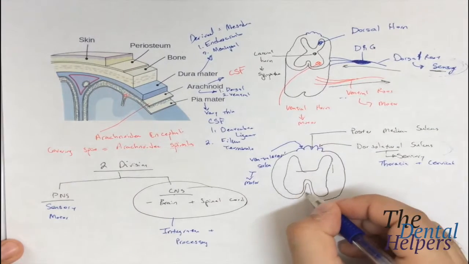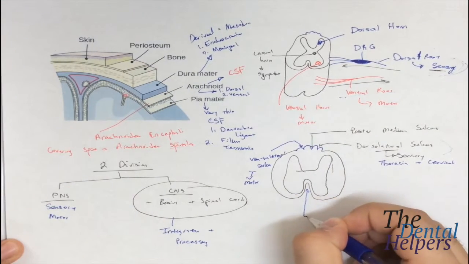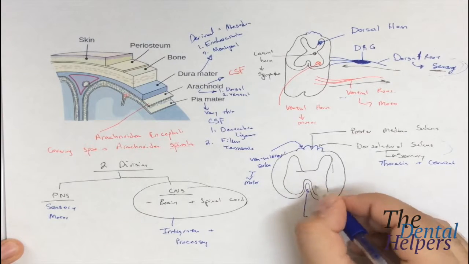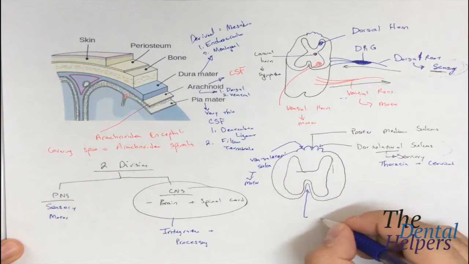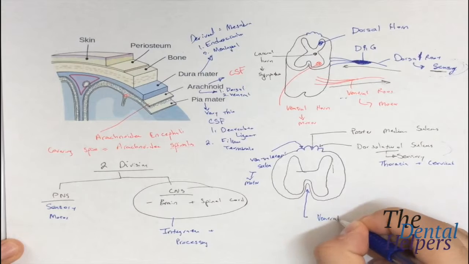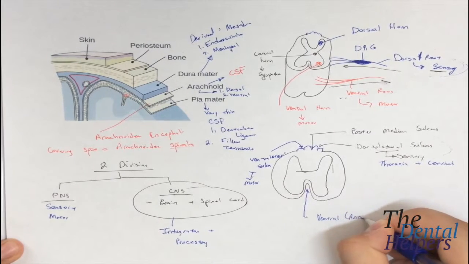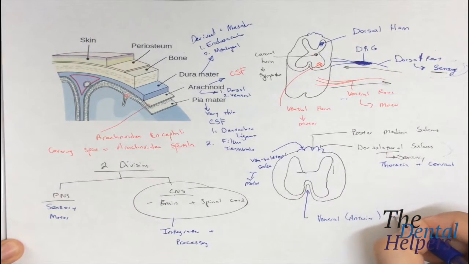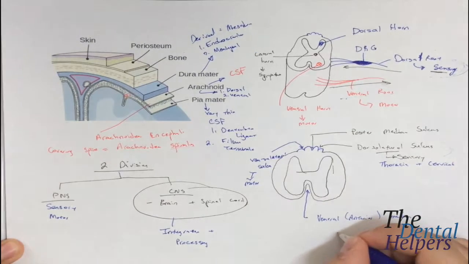And then lastly, we have this median fissure here, which is the ventral, sometimes called the anterior median fissure.